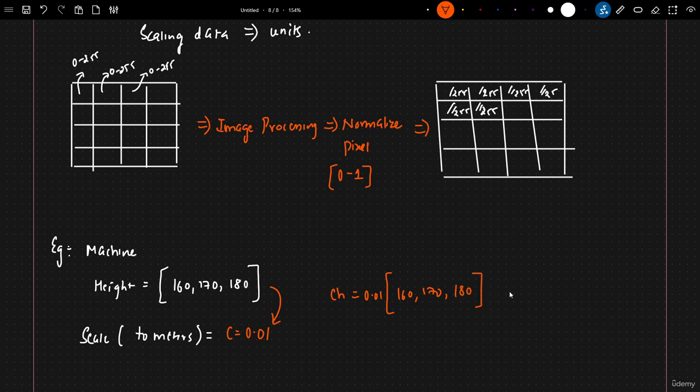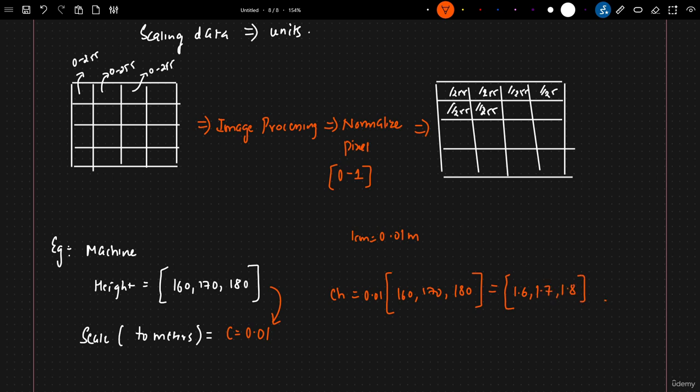Again, these units can change, it is up to you. Now if I get it, 160 centimeters is 1.6 meters, because 1 centimeter is 0.01 meter. That is the reason I multiply all the centimeters with this value. So now I'm going to get 1.6 meters, 1.7 meters, 1.8 meters.